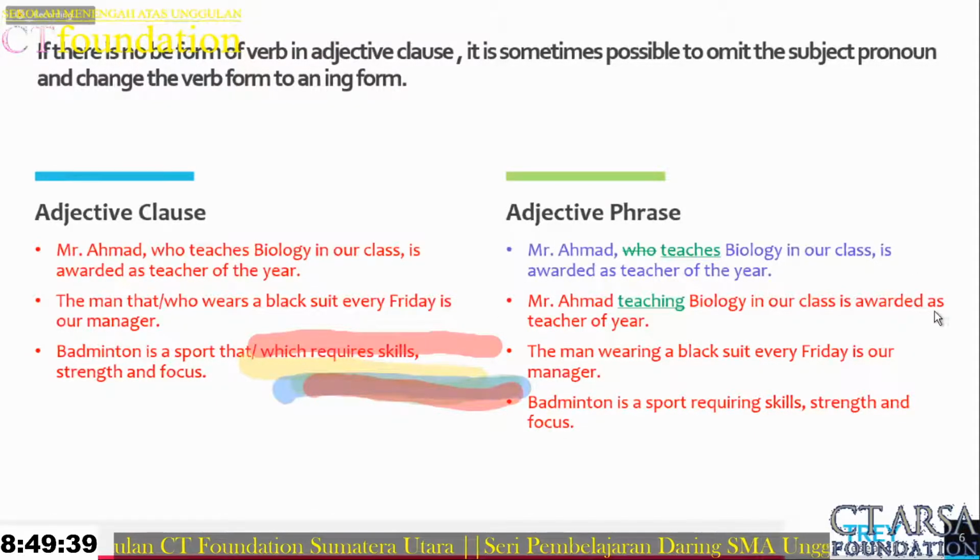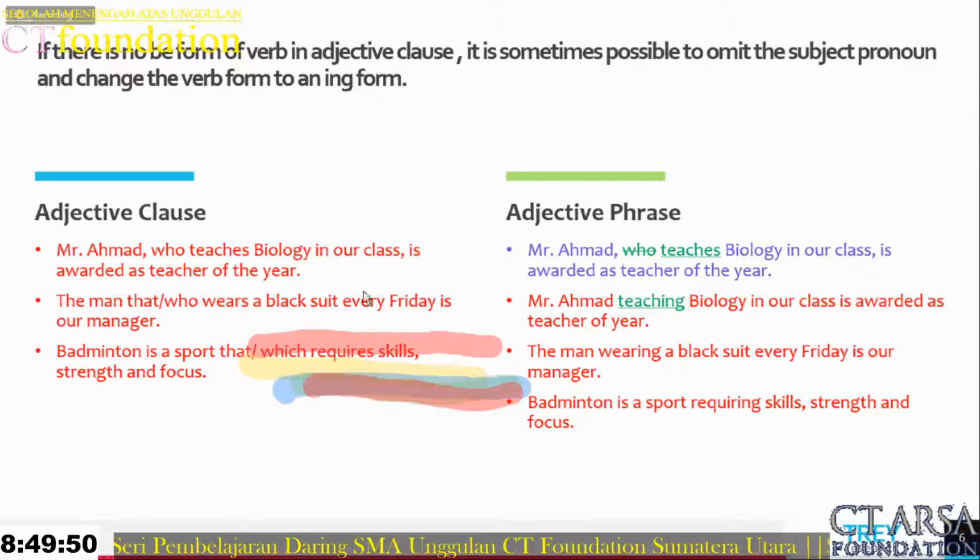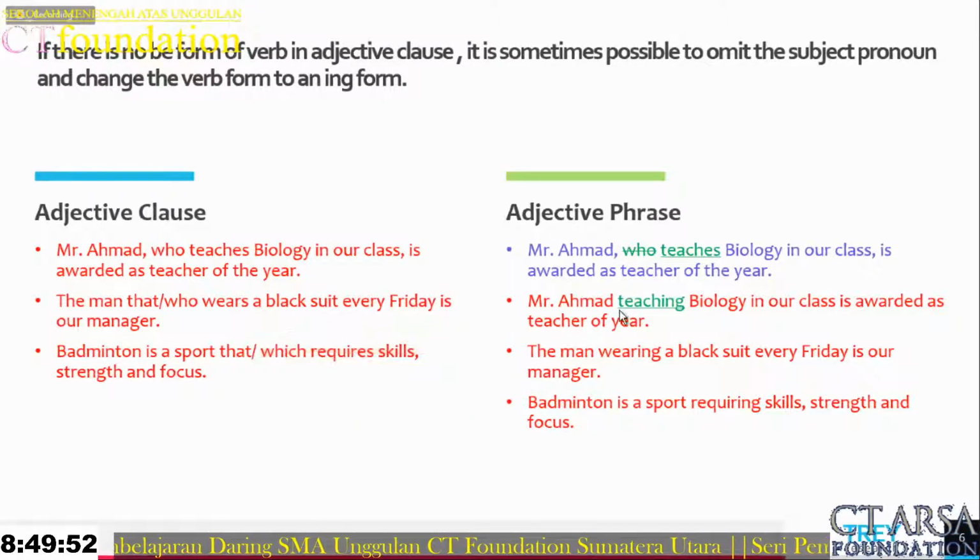Okay, sir. In your examples, they are in the present tense, right? So how if the sentence is not in the present tense? Like past tense, or for example present perfect, or others? Okay, that's easy.